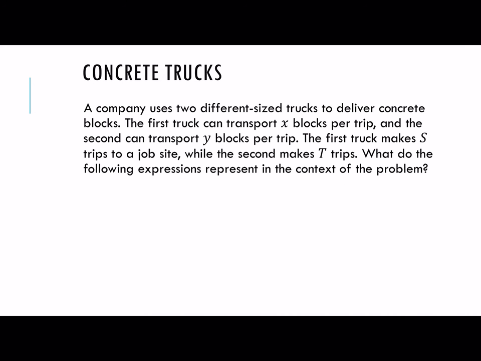So the same premise: the company has two trucks, and they're different sizes. One can take more blocks than the other, and one makes some trips and the other makes another number of trips. What does the expression x times s plus y times t mean? So let's take a look at what x times s means.